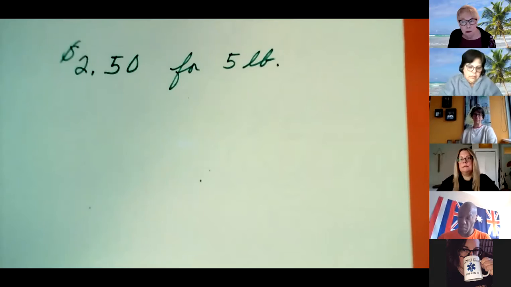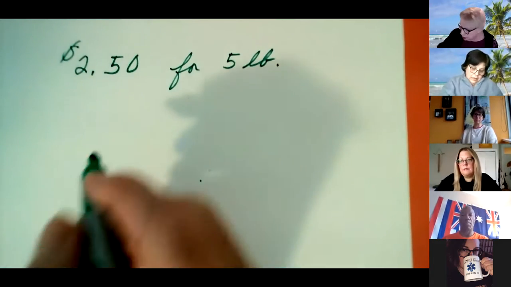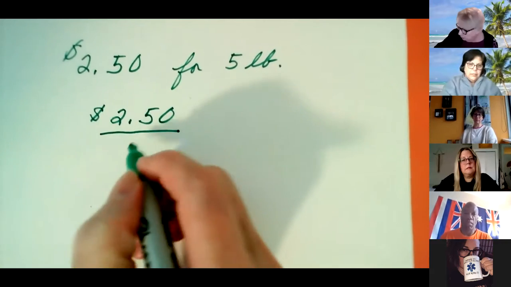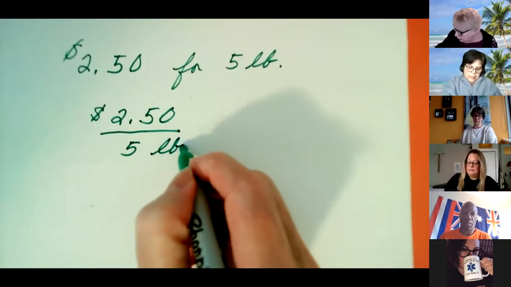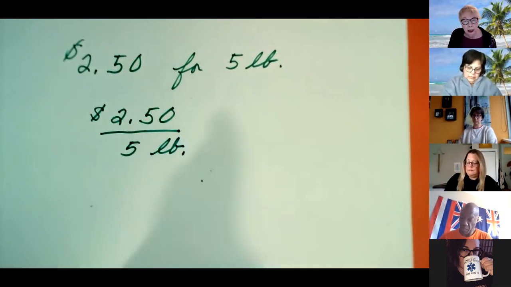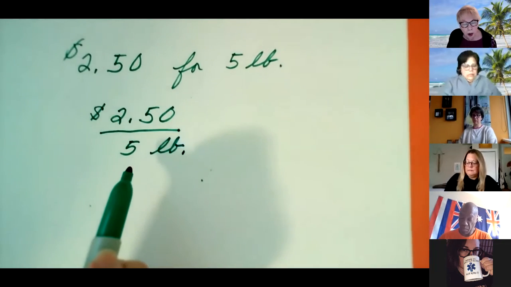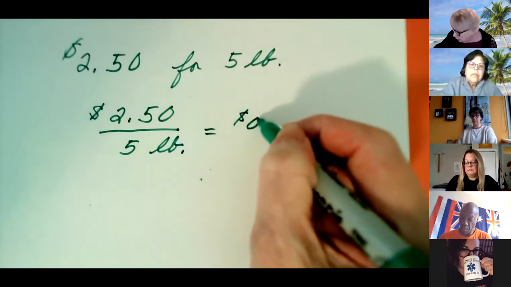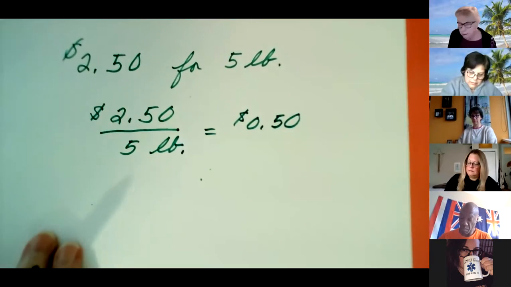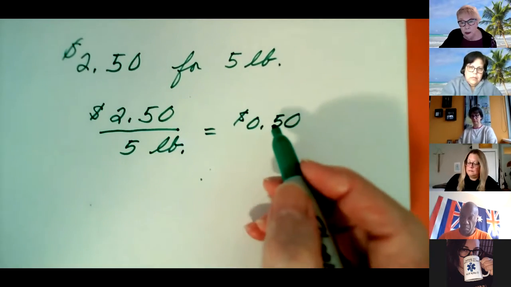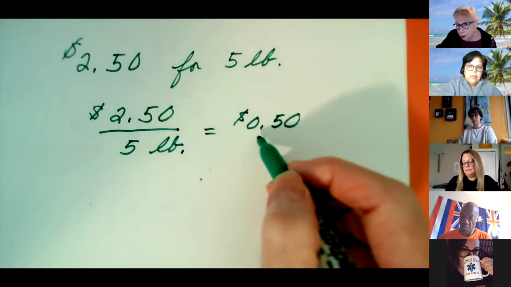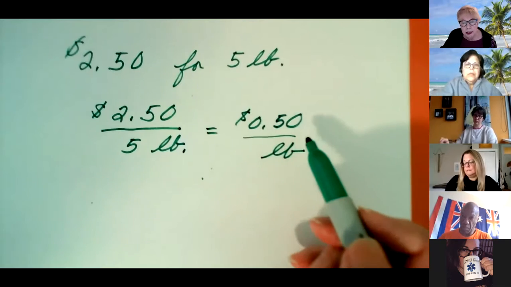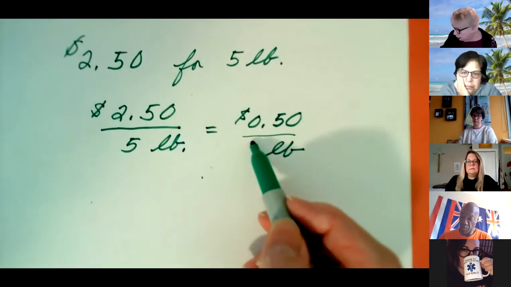And that's actually a unit price. So this is the way it looks. $2.50 divided by 5 pounds. So again, there's the number part of this. And so 5 into 250 is just 50 cents. And so it's that per pound. So it's 50 cents per pound.